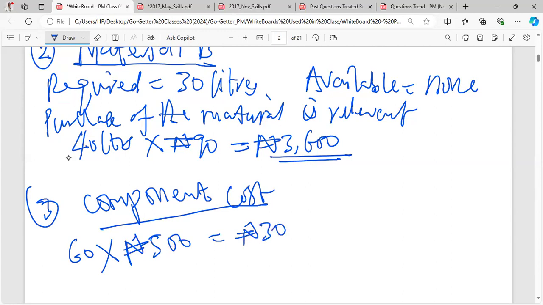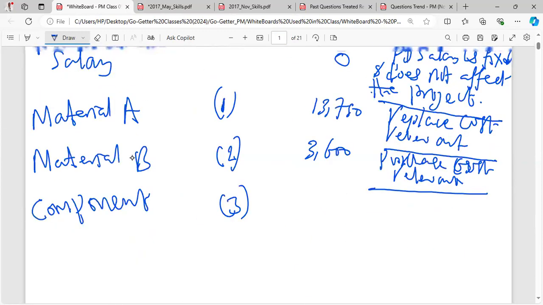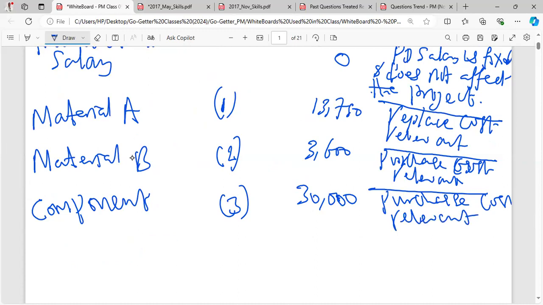It's going to be 30,000. So this is purchase cost. We take it up there and we'll put our 30,000, purchase cost relevant.